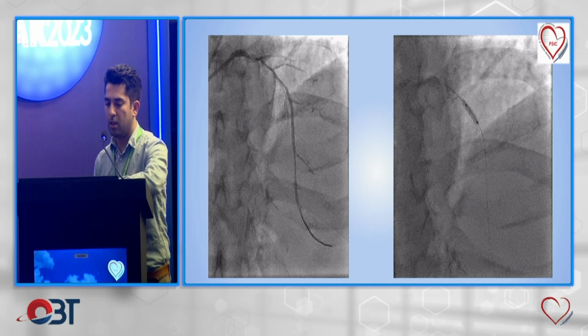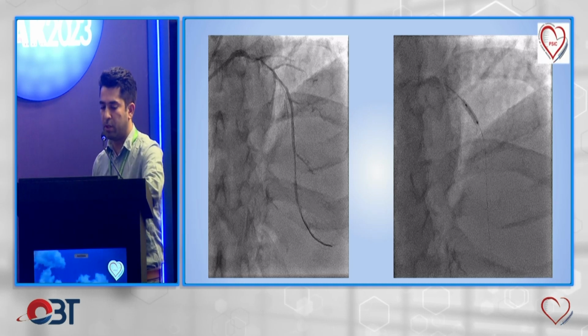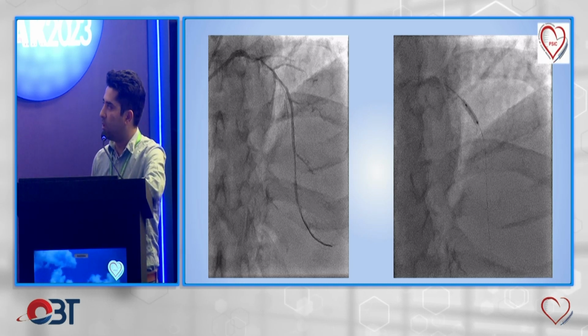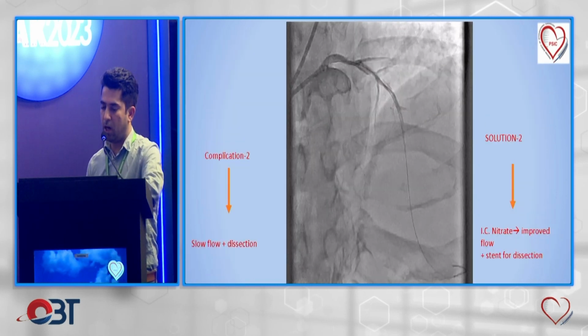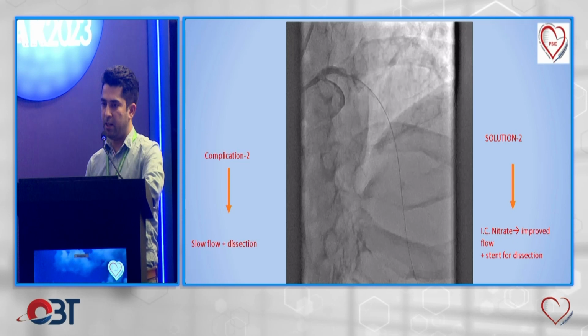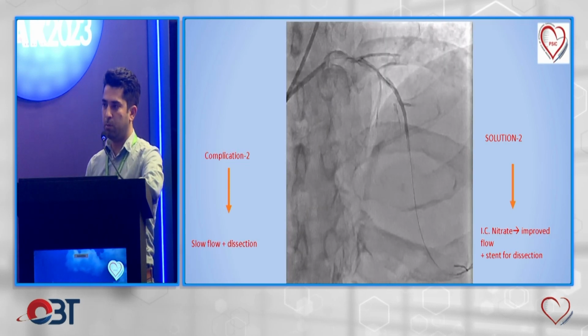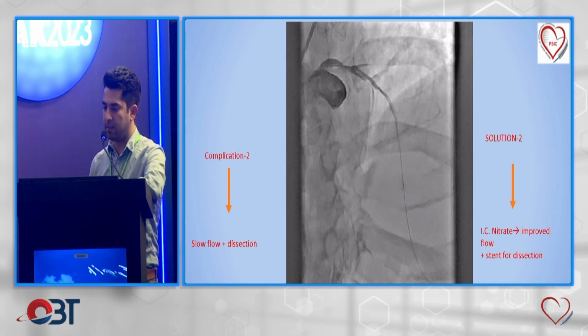After careful wiring of the LAD again, we pre-dilated the lesion with a 2.5 balloon at 10 ATM. After pre-dilatation, the second complication occurred, which was slow flow plus dissection.